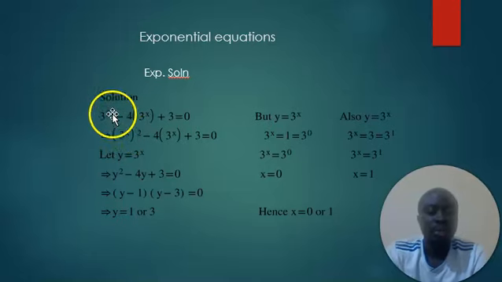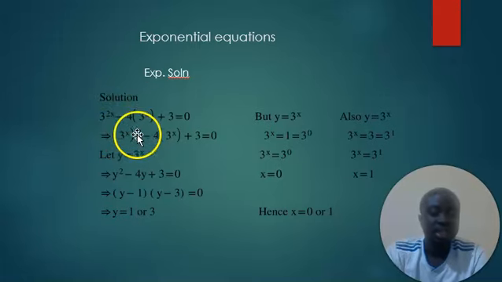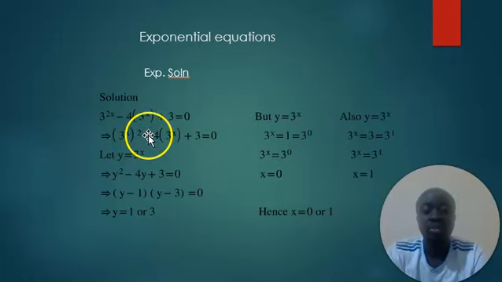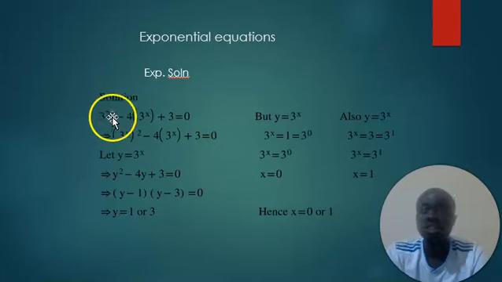So 3 raised to the power 2x minus 4 multiplied by 3 raised to the power x plus 3 equals 0. Now here, since this is 3 to the x, we have to change this one to 3 to the power x. But here 3 is raised to the power 2x. So we can write it as (3 to the power x) squared, because when you do it this way, the same as 2 multiplied by x, you get 2x.